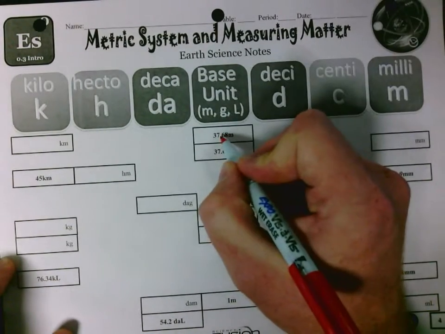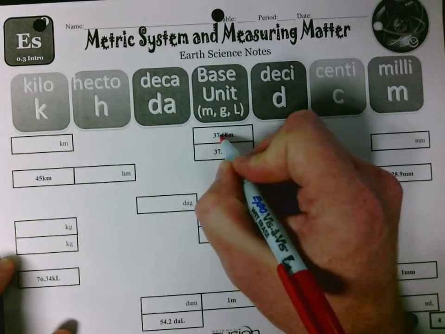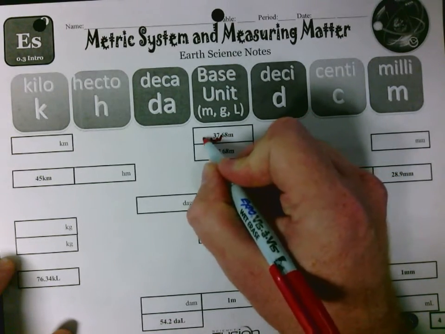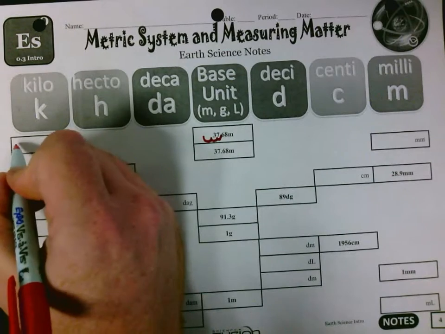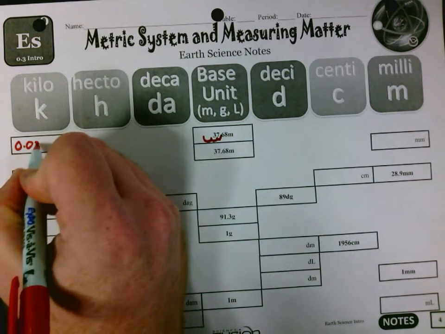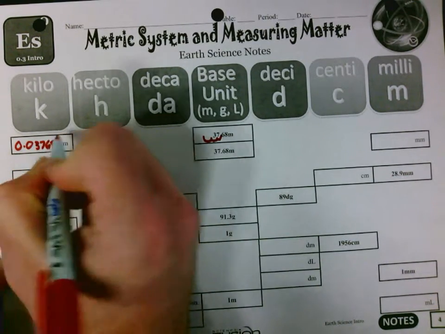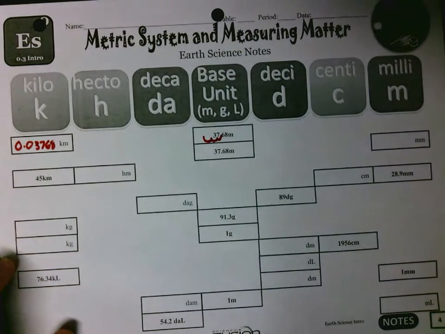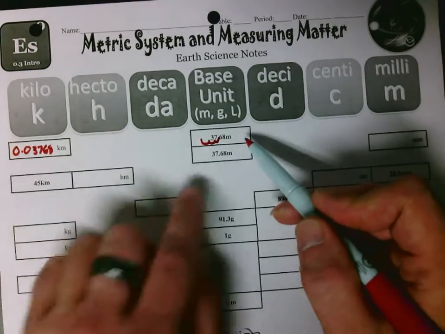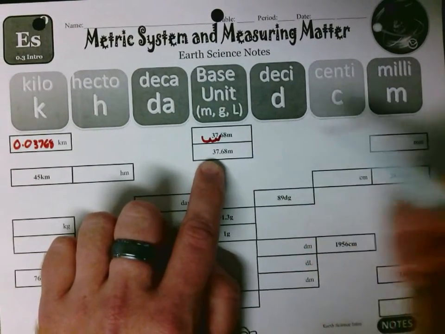So I'm going to move it to the left. How many places? 3. So 1, 2, 3. So I end up adding a 0 in front of the 37. So it becomes 0.03768 kilometers.